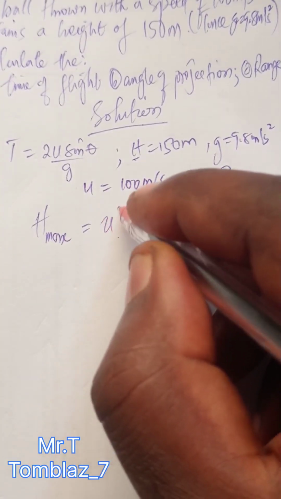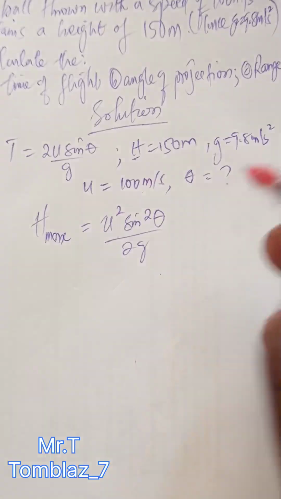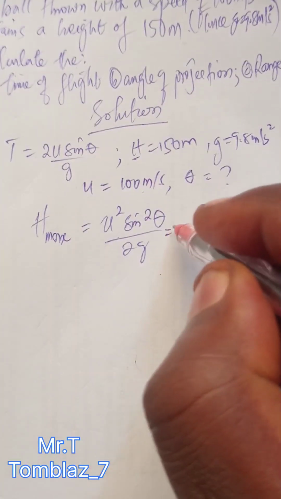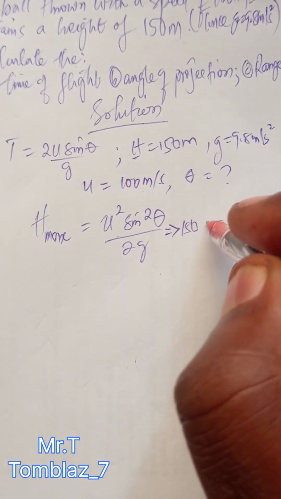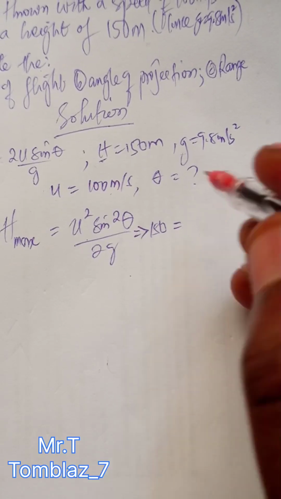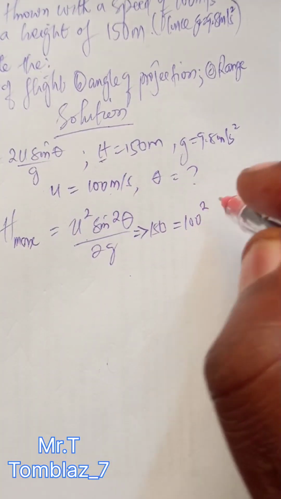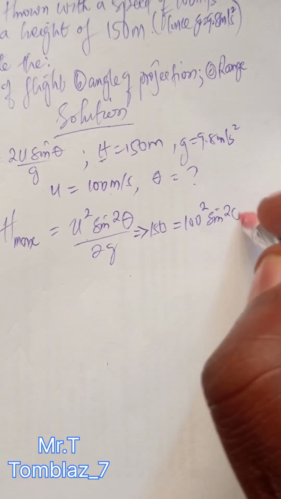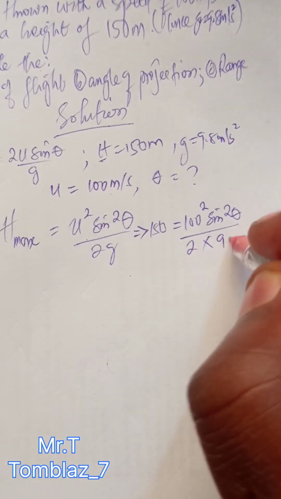Maximum height is u squared sine squared theta all over 2g. Considering the values, the maximum height is 150, the initial velocity is 100 squared, then sine squared theta all over 2 times 9.8.